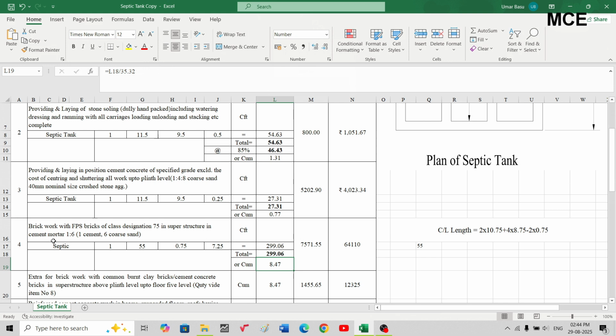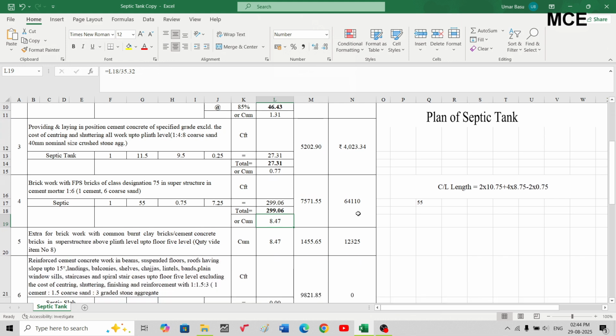This is the item for brickwork with FPS bricks of class designation 75 in superstructure. So rate for this item in SOR is 7571.55 Indian rupees per cubic meter. So total for this will be 64,110 Indian rupees for the brickwork.